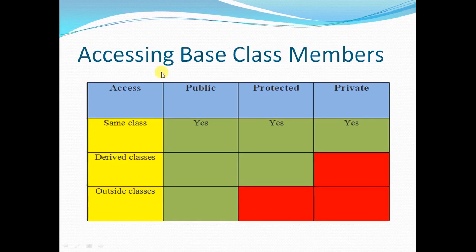When a member of the base class is public, it is accessible by the same class, and a member that is protected is also accessible by the same class, and a private member is also accessible by the same class.